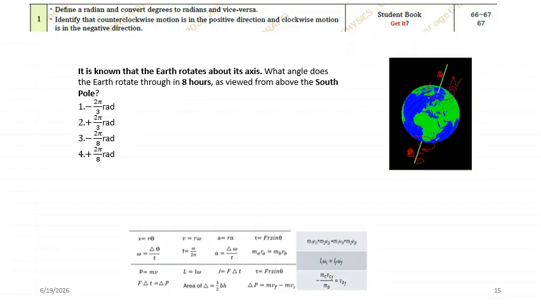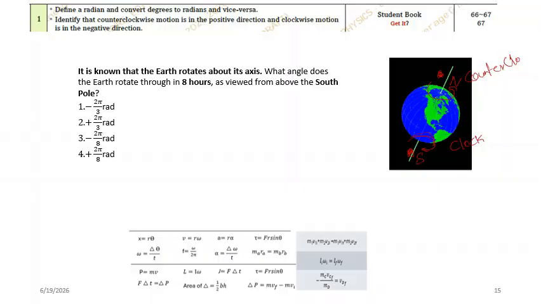So on top of the north pole you will feel it like counterclockwise, and on top of the south pole you will feel it like clockwise.